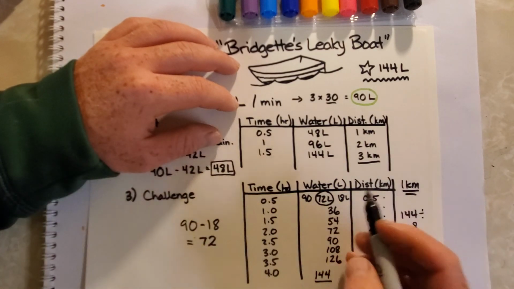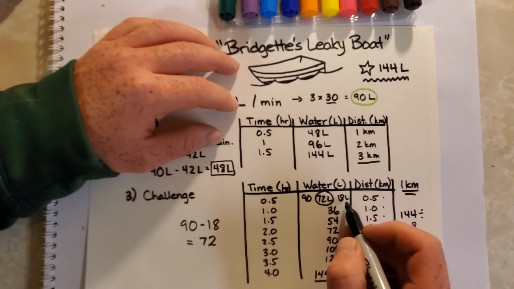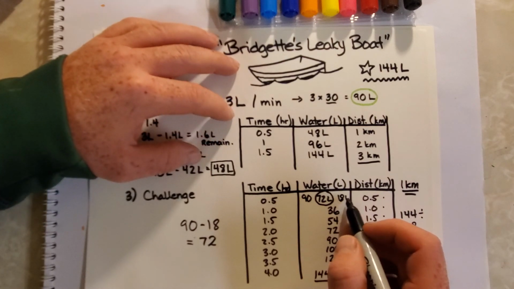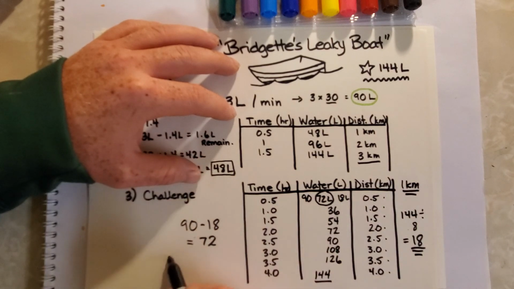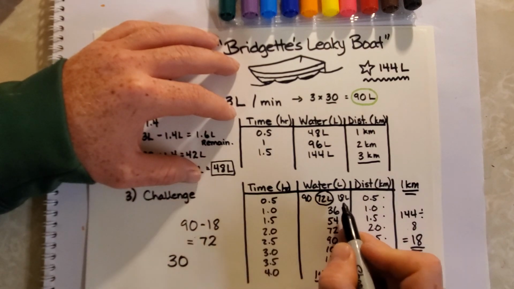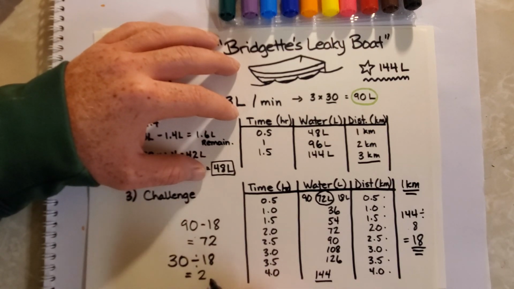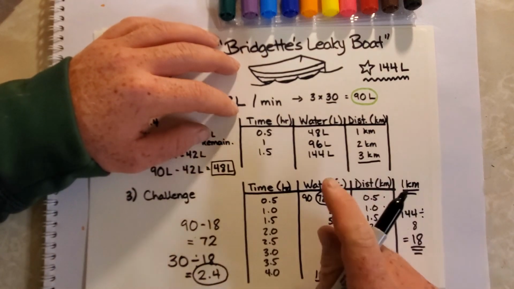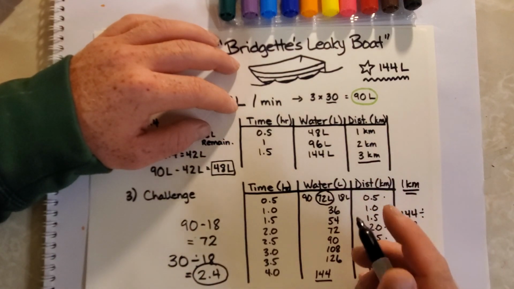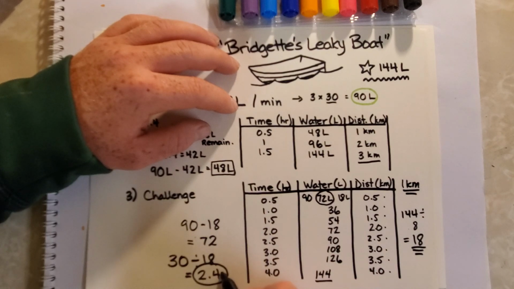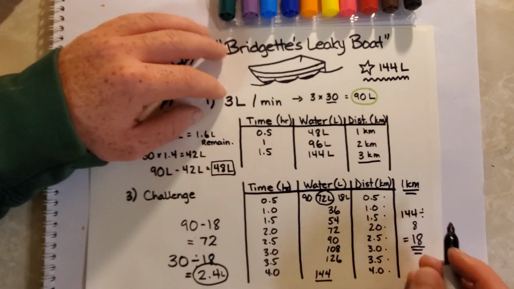So we know that she's bailing out 18 liters in 30 minutes. So then we just use the numbers we already know. So 30 minutes divided by 18 liters, we are left with a number of 2.4. So for every 1 minute, Bridget is bailing out 2.4 liters of water.